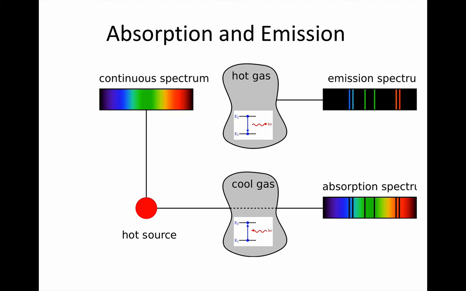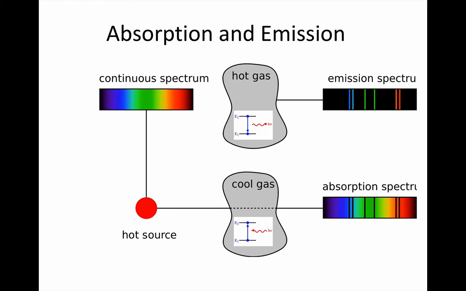So it will give out light of a very particular wavelength. So you can see there on the right what we call an emission spectrum that has only very specific lines of colour being given out, and each line corresponds to a particular jump between energy levels.